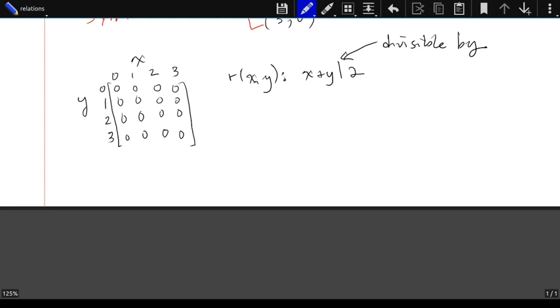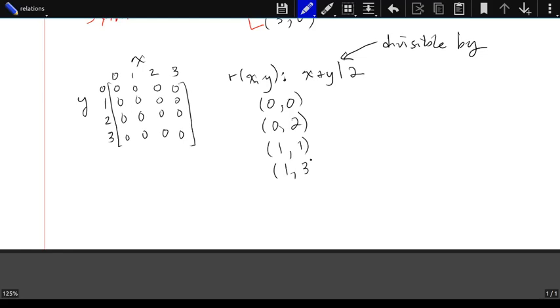So let's look at the pairs for which this relation is true, given the values 0 through 3 for x and y. We have 0 and 0, 0 and 2, then 1 and 1, 1 and 3, then 2 and 0, 2 and 2, and we have 3 and 1, and 3 and 3.